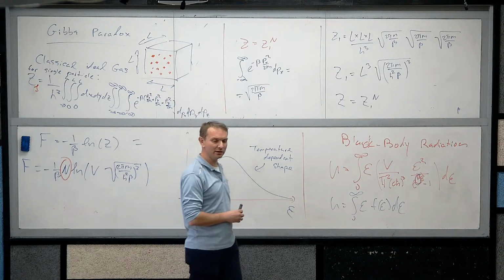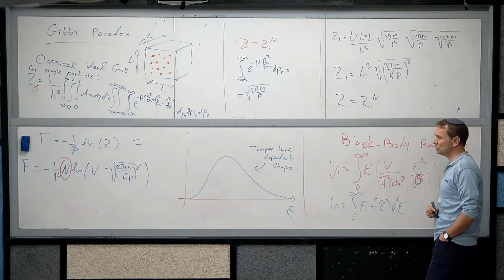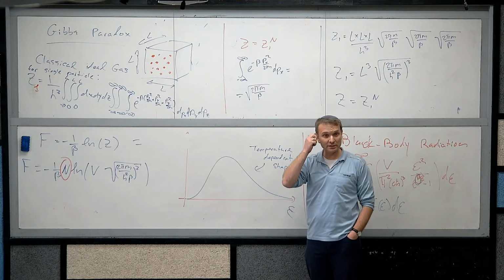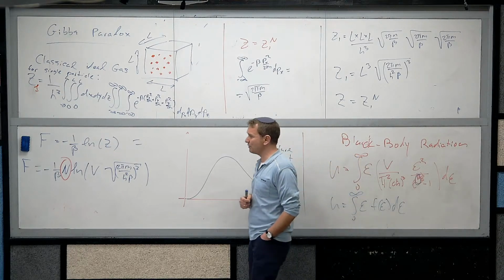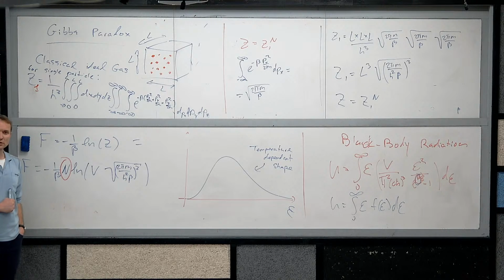Okay, so the thinking is, I'm not starting a new theory. I have already a theory. It should be okay. Something is wrong about this theory. Let's try and fix it. So how can I fix the behavior of this free energy in such a form that I should get an extensive behavior? Now this is quite easy, right?